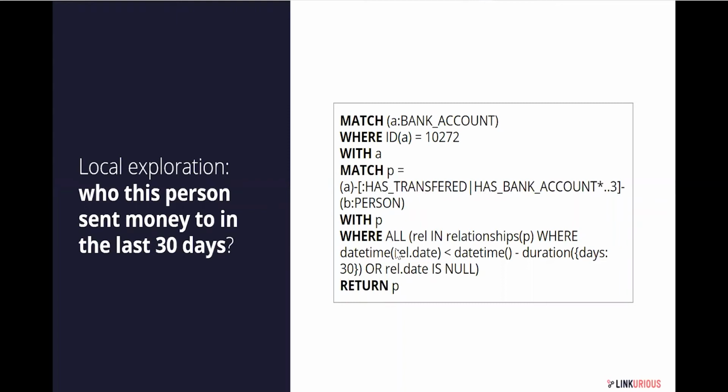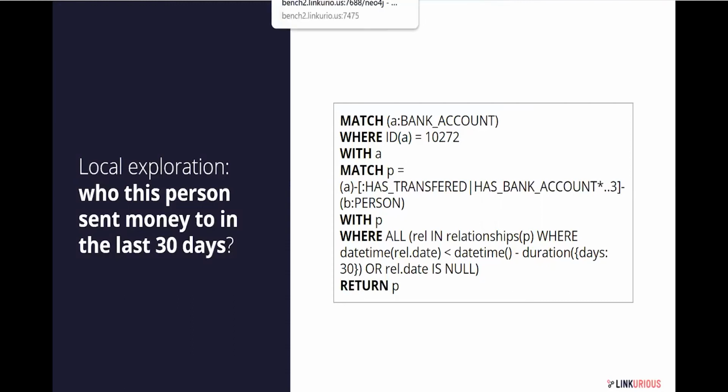Then we do some filtering by mostly focusing on the time difference, checking that the times of the transactions are within the last 30 days. And then when we have finished, we return the result as a path. So fairly easy graph query, as we can see.